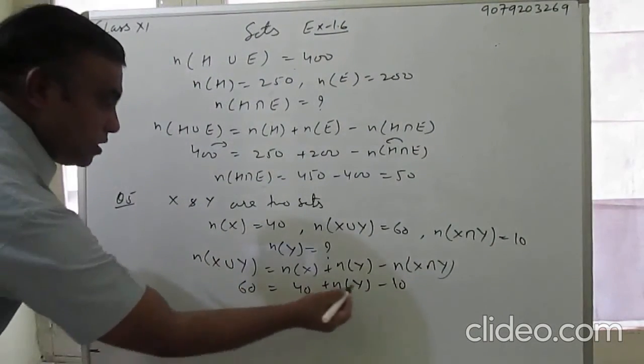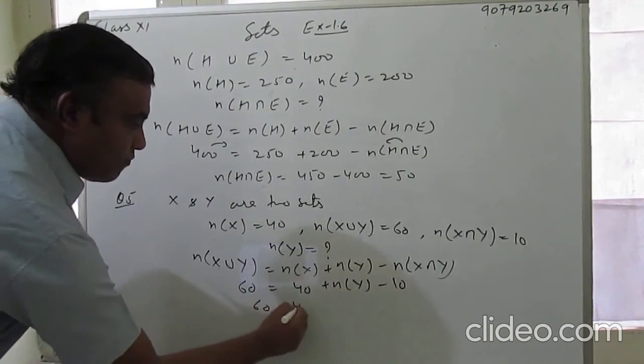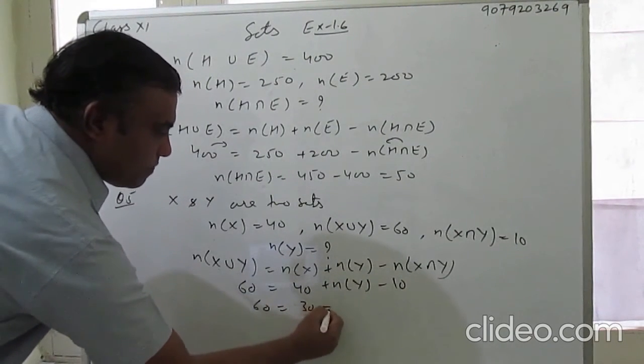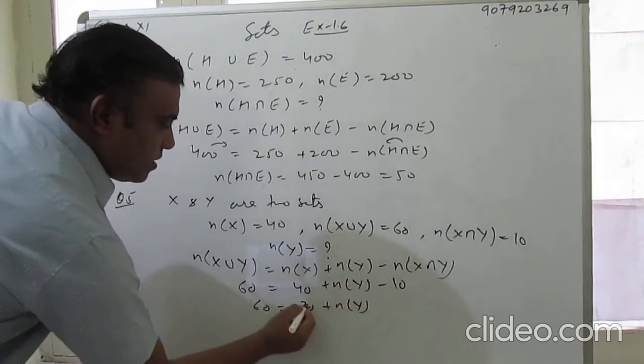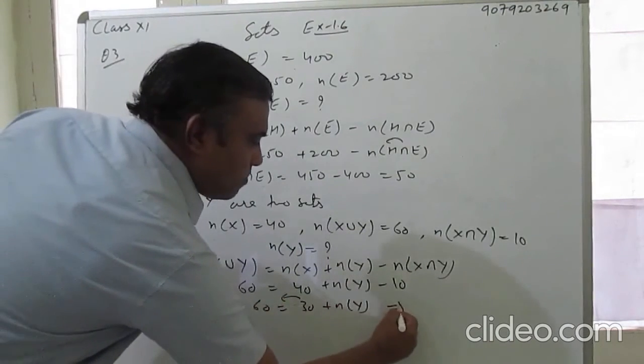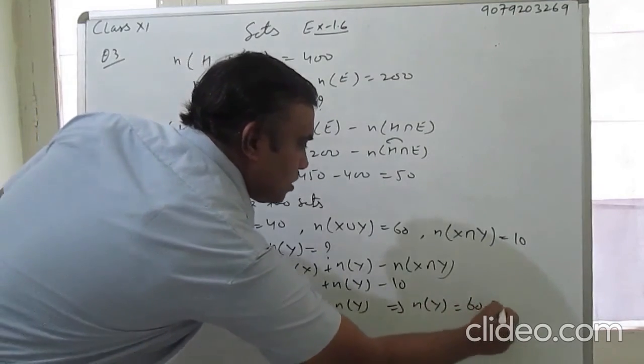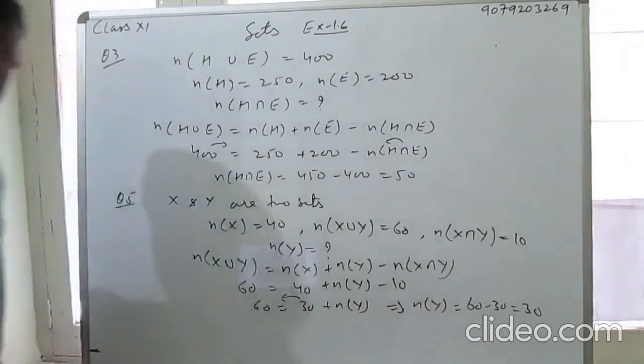So 60 is equal to 40 minus 10, which is 30, plus n of Y. This 30 will go to that side. So the number of elements in Y is equal to 60 minus 30, which is 30.